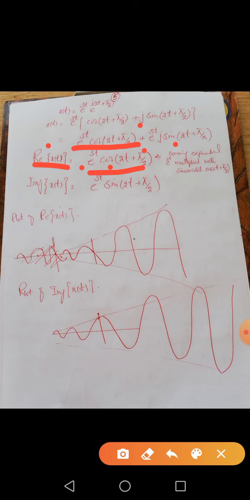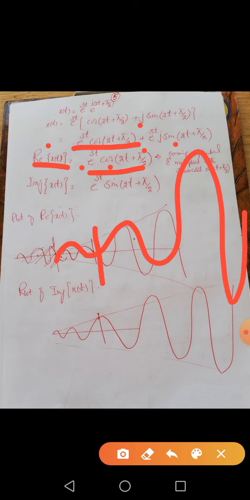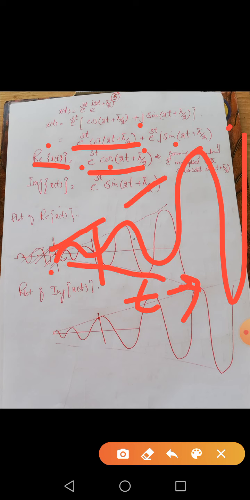So this signal is like this. As t increases, the cos signal increases like this. And if you see, this is the exponential being multiplied with the sinusoidal signal.